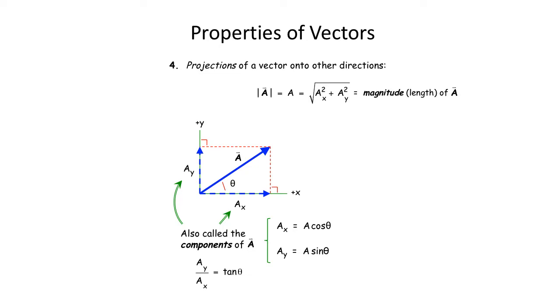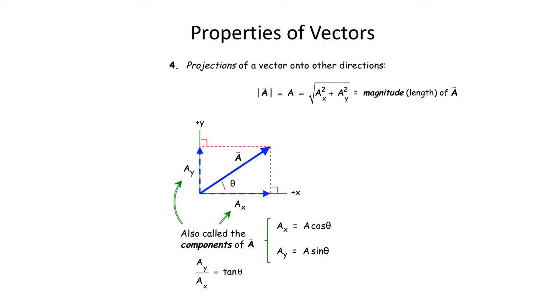Now, if I want to find the magnitude of that length in terms of x and y components. Where did I get this? Anybody know? Where did this expression come from? Yes, I hear it. There was a name of a very famous mathematician. Pythagoras. This is the Pythagorean theorem. The Pythagorean theorem says if I have a right triangle, this squared is equal to this squared plus this squared.